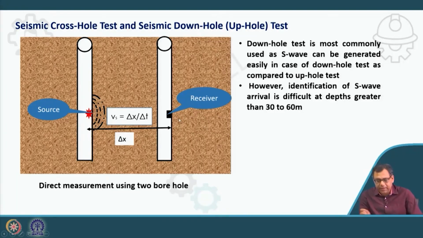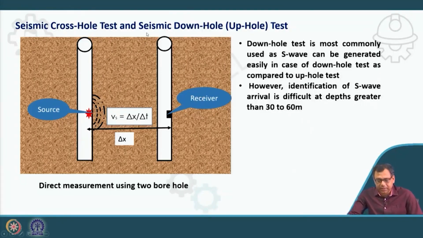We can do this test for each layer, because as we are going for the borehole, it is easy to identify where the layers are changing. So for each layer you will get the velocity of the wave. Clear?